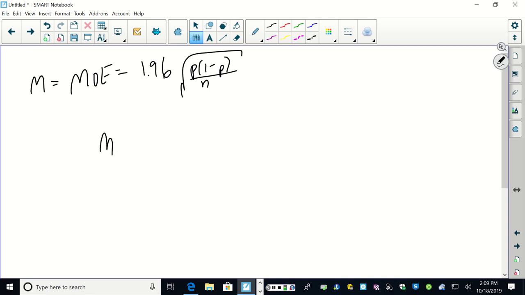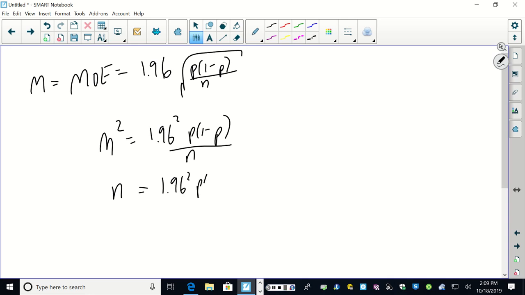If we square both sides, m squared equals 1.96 squared, p times 1 minus p over n. And if you multiply both sides by n, you'll get n over here, and it'll cancel this one. If you divide by m squared, n equals 1.96 squared, p times 1 minus p over m squared, right? That gives you an equation for a sample size, for planning purposes.